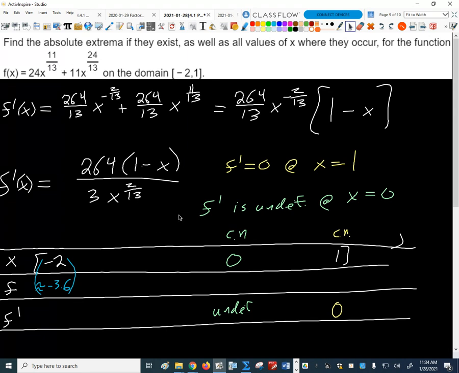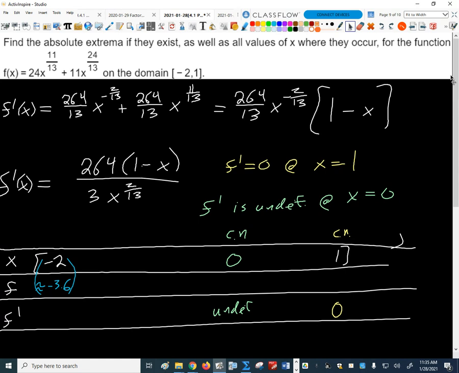And then the other possibility is at 1. Well, at 1 to any power, what am I going to get if I plug 1 in? What's 1 to the 11/13ths? 1. Yeah.